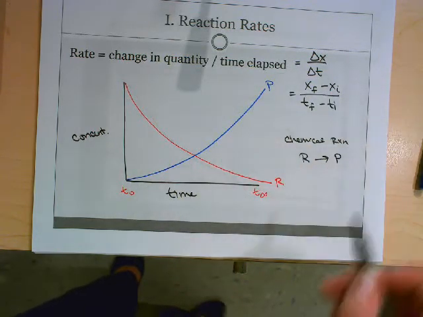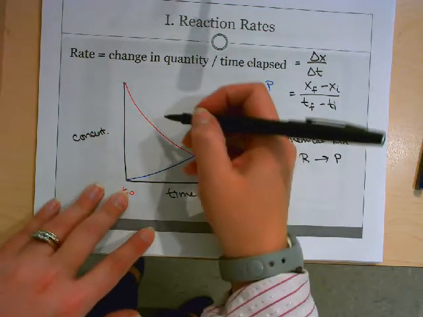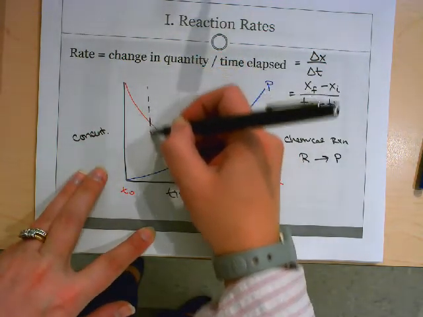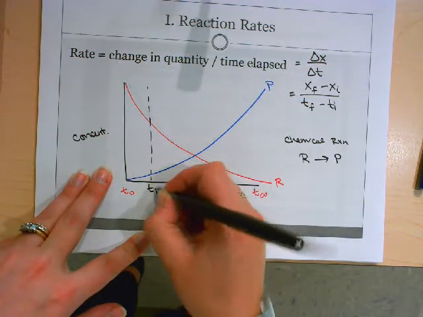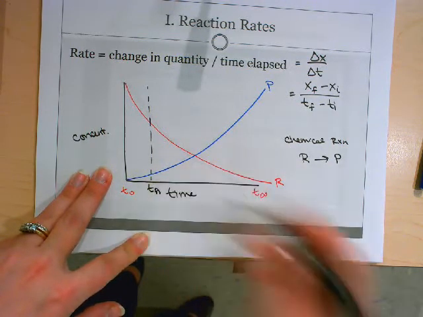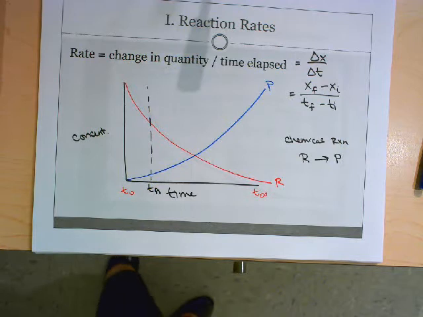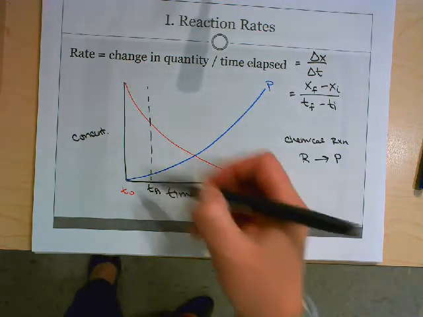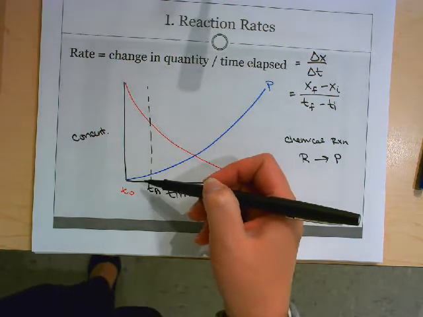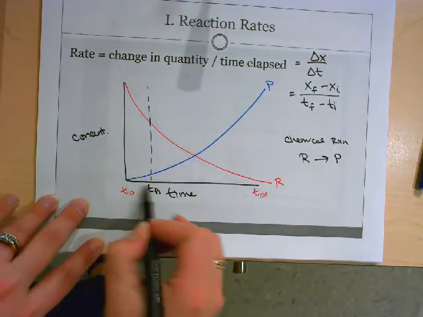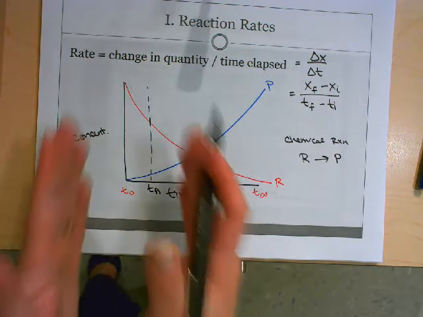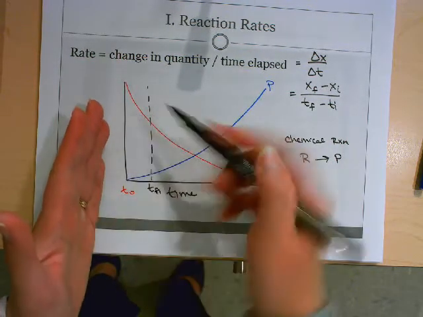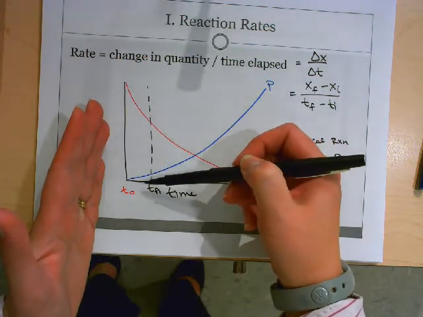In this class, what we're going to be looking at is specific points in time. At certain points along the route, how much is there of each? And how long did it take me to get there? So either we're going to look at questions where I wait 100 seconds, what are the concentrations of each?